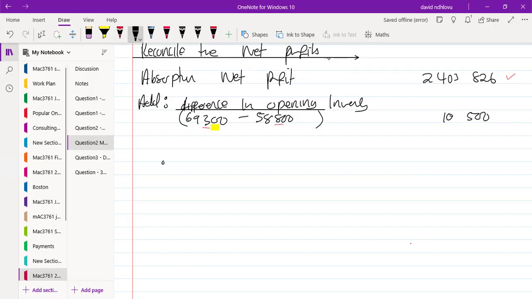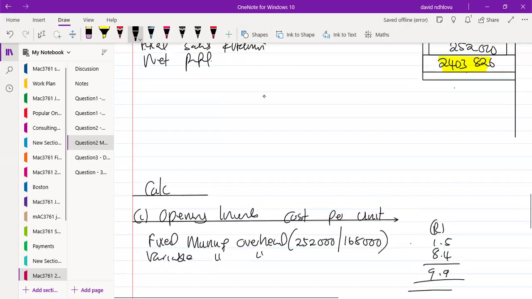But we don't end there. We also look at the differences in closing inventory. Again, the closing inventory based on absorption costing will be bigger because it contains fixed manufacturing overhead costs.